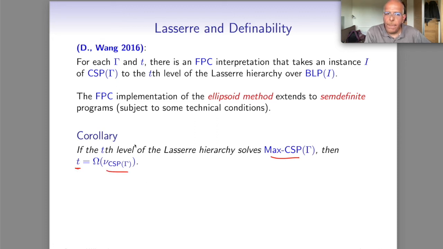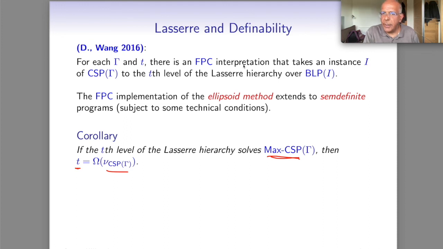Why? Because if you can solve max CSP(gamma), by this implementation of the ellipsoid method combined with this interpretation, we can get an FPC formula that solves max CSP(gamma).